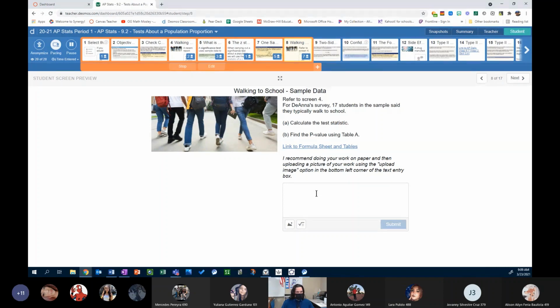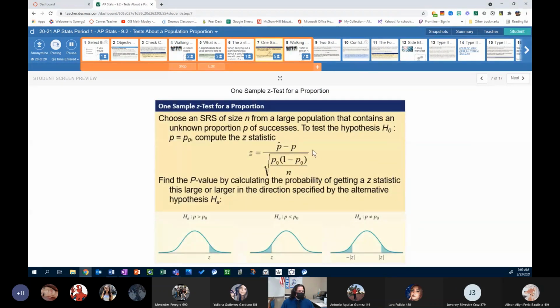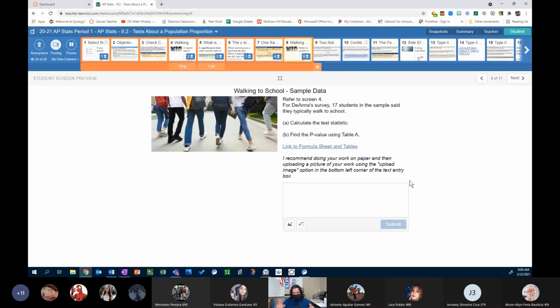Again, you're going to need to use this z-statistic calculation. Use that z-score the same way we have used table A previously to find the proportion. But you do need to consider what your alternative hypothesis is based on our original context in screen 4.